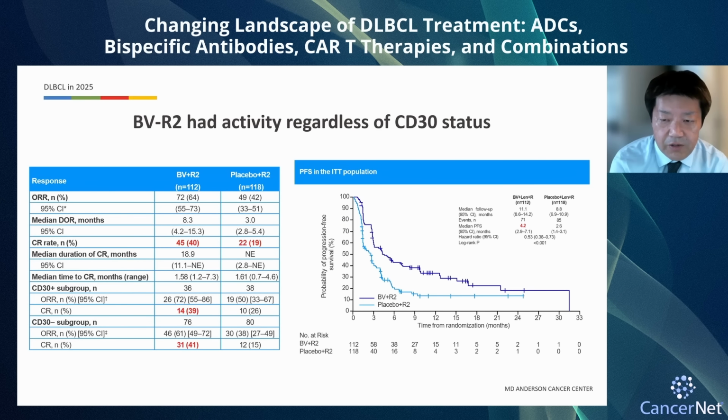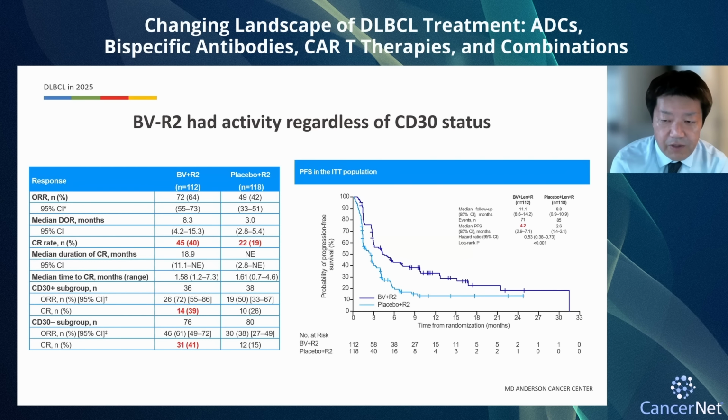So the ECHELON-3 trial showed that the BV-R-square combination achieved a higher response rate and a significantly longer progression-free survival and overall survival compared to R-square alone, and met the primary endpoint of the study. Based on the results, BV-R-square was approved by the FDA for patients with relapsed refractory large cell lymphoma after 2 or more prior lines of treatment.